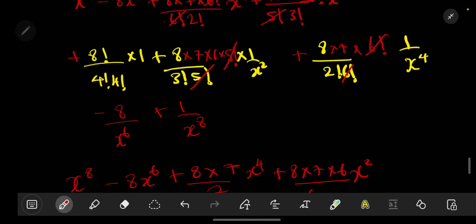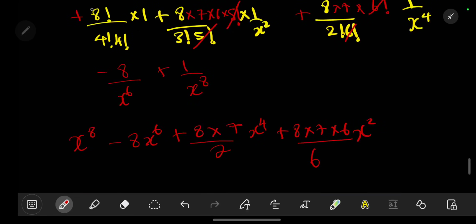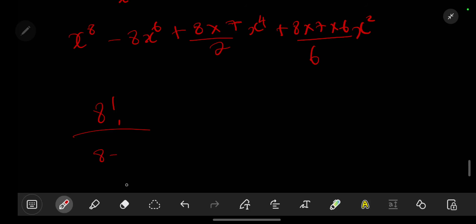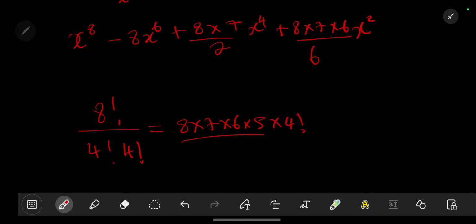Okay, so let's just evaluate this value. We have 8 factorial over 4 factorial times 4 factorial. So this is going to be 8 times 7 times 6 times 5 times 4 factorial over 4 factorial times 4 factorial. This and this cancel.